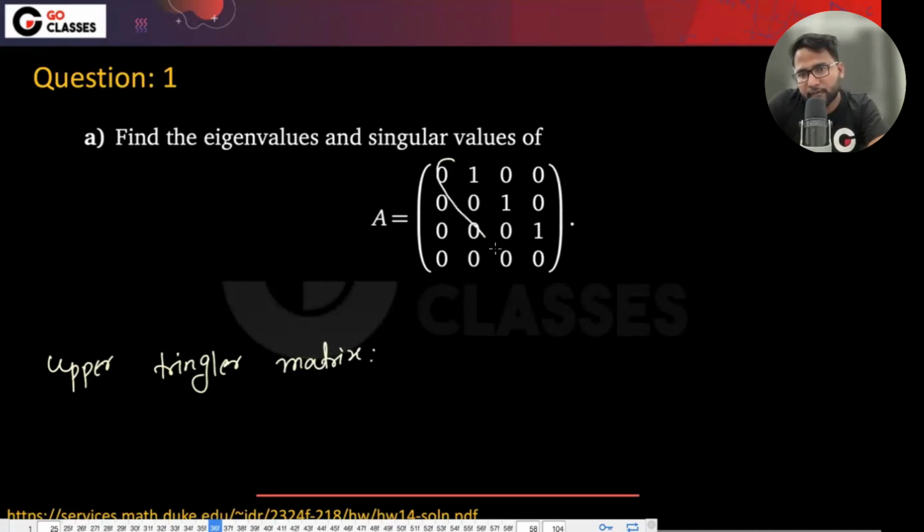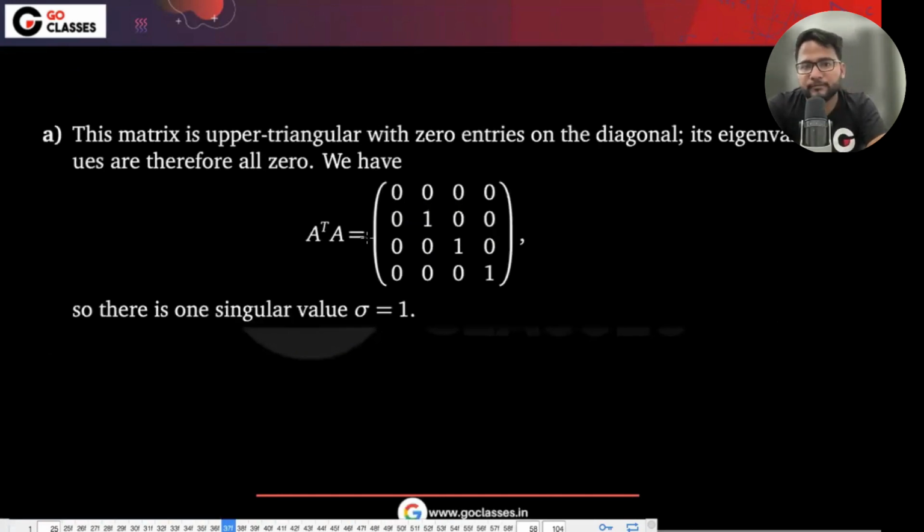And what are the singular values? You just find A transpose A, and this is also diagonal. So the singular values are just 1, repeating 3 times.